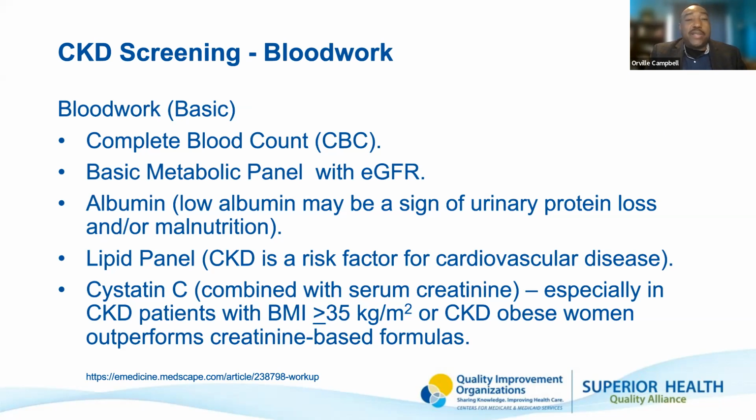And we'll talk about that in a second. Also, in CKD patients with a BMI greater than or equal to 35, or obese female CKD patients, cystatin C-based formulas outperform creatinine-based formulas. We'll talk about that in a second. What does that really mean? Next slide.